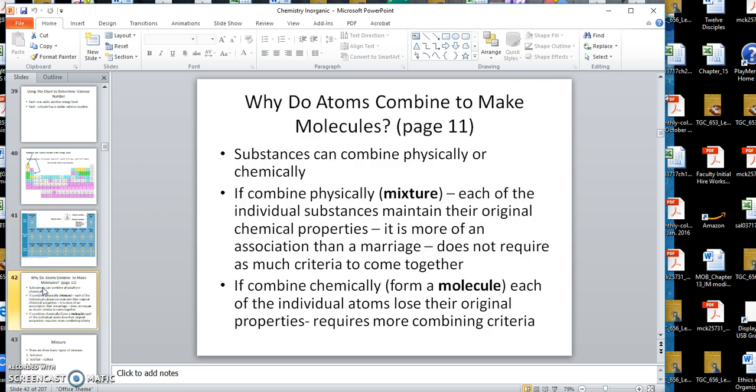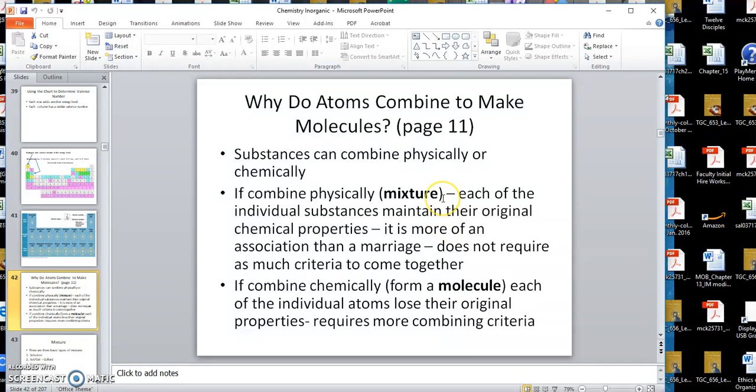Now we're looking at combining atoms. There are basically 2 ways to combine chemicals, to put it in a simplistic way. One is to simply put them together physically, and that's what we call a mixture. If we chemically bond atoms together, putting in a chemical bond, that forms a molecule.